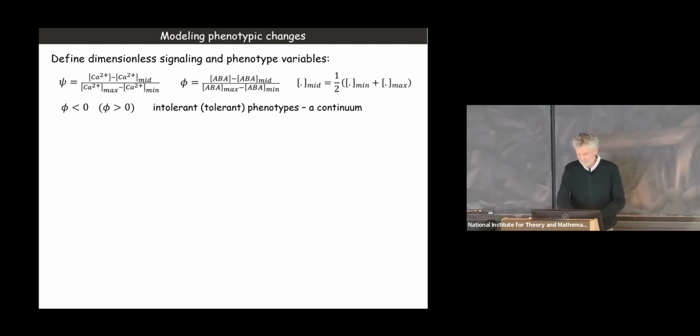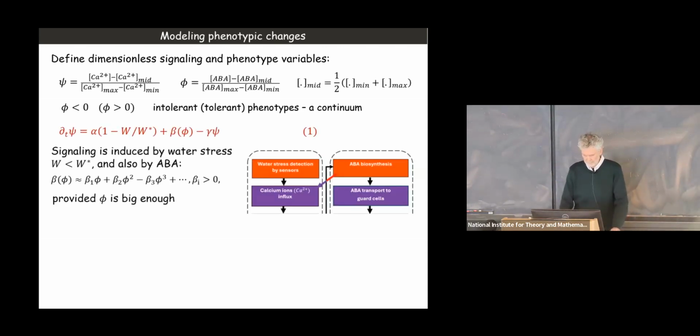Here the subscript mid represents the midpoint between the maximal and minimal concentrations of the relevant agent. According to this, phi negative represents intolerant phenotypes, phi positive tolerant phenotypes, but it's not a binary situation. We have a whole continuum of phenotypes from intolerant to tolerant.